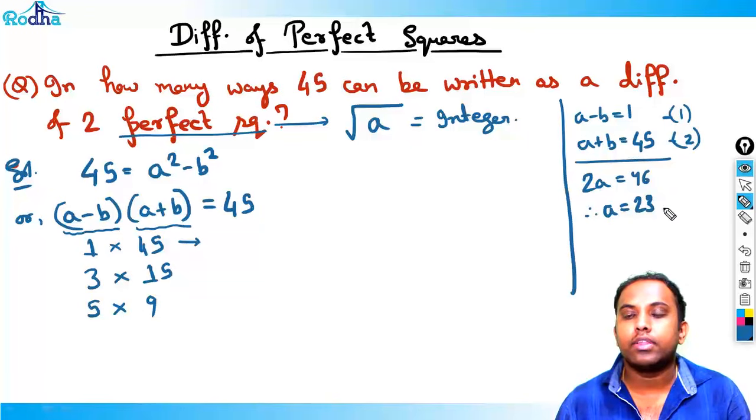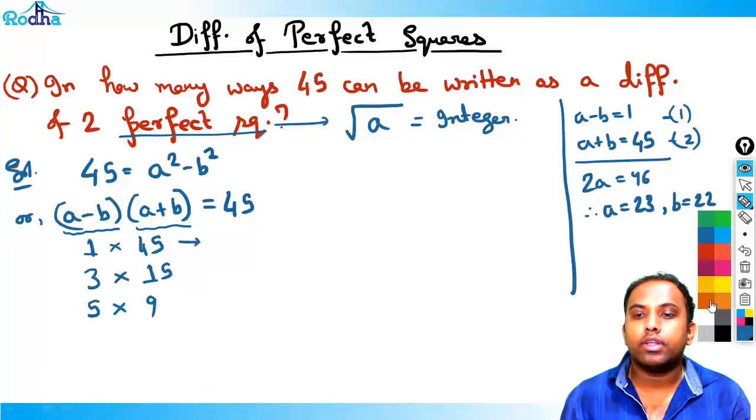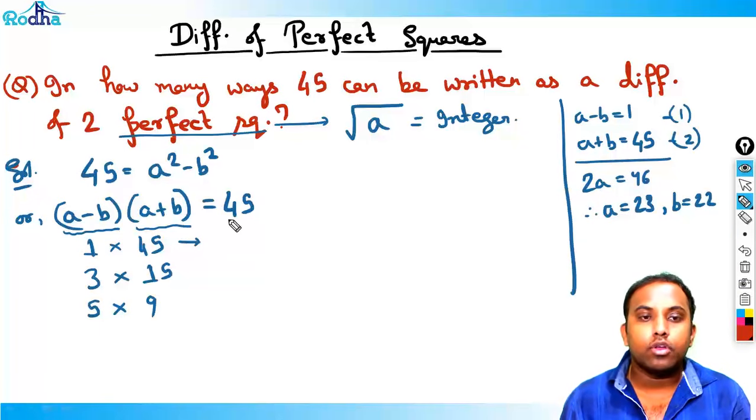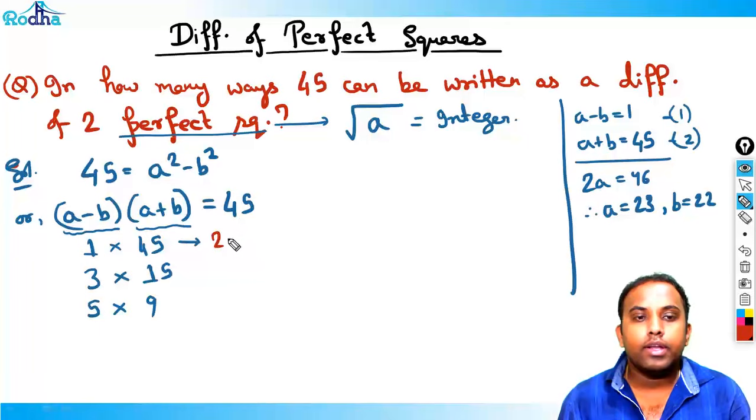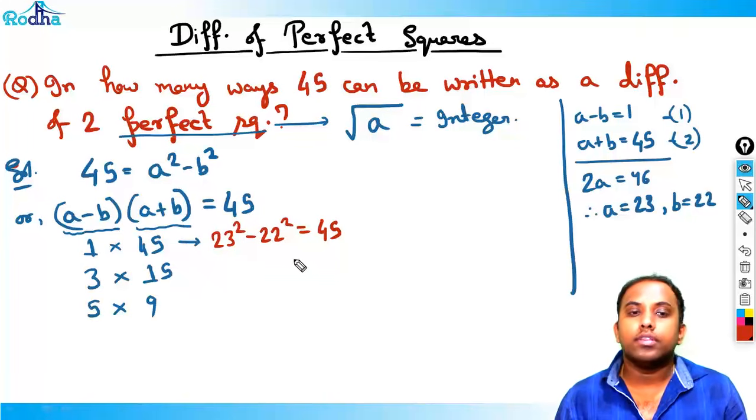If a is 23, you will get b equal to 22. That means one way to express 45 as a difference of two perfect squares is 23 square minus 22 square. One way, right?